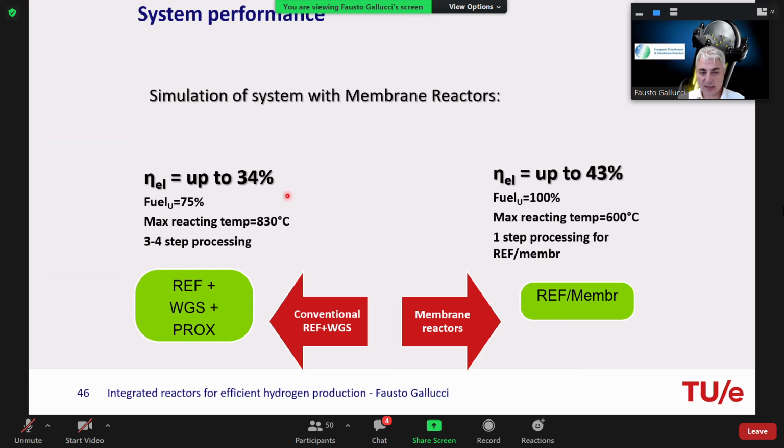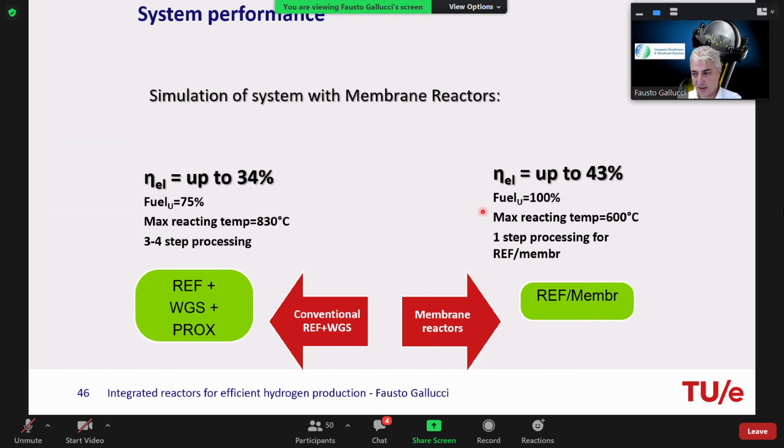Because recall that in the conventional system, you have an endothermic reaction, which is in equilibrium, so you have to go to very high temperatures to get the conversion. In a membrane reactor, you can stay at 600, 550 degrees and still have all the conversion that you need. And this jump of 200 degrees gives you a jump of almost 10% in the efficiency, which is quite a lot when you speak about electrical efficiency, by the way.